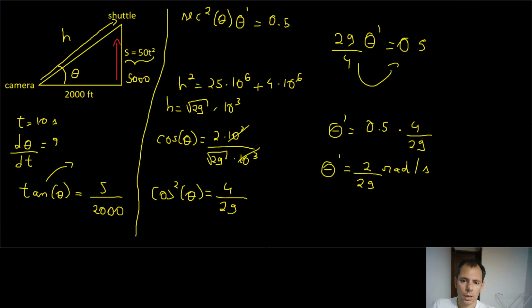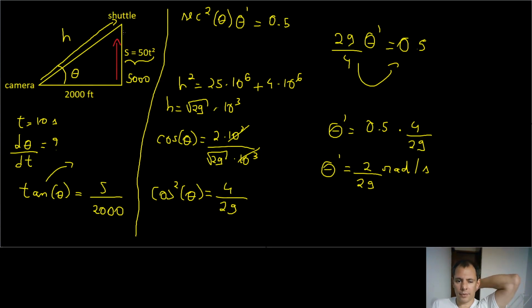Second because the time is in seconds, and radians because when you're dealing with cosine and sine, the unit for the angle is radians, not degrees. So that's the answer: 2 divided by 29 radians per second. That's the rate of change of the angle, not the angle itself, and only when t equals 10.